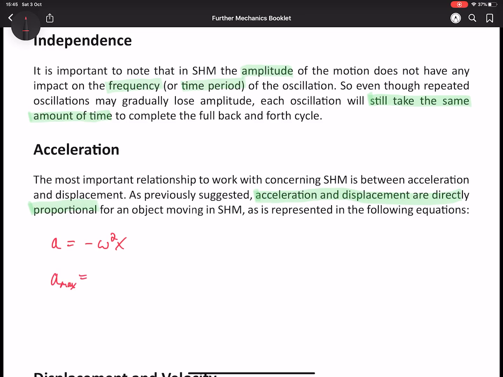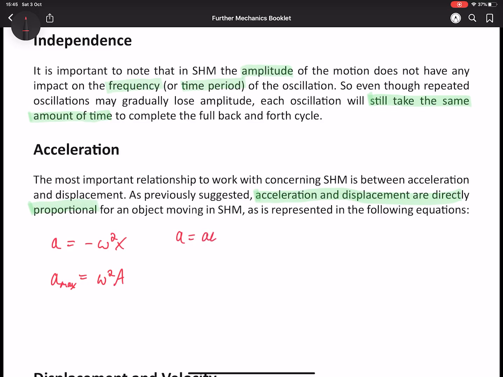And in fact, we have a second equation, which is the maximum acceleration, which is given by omega squared A. So these two are basically the same equation, where the maximum value obviously just takes it as a magnitude.